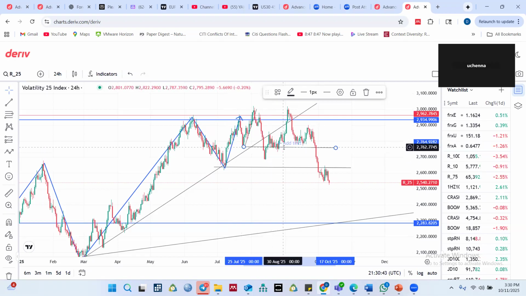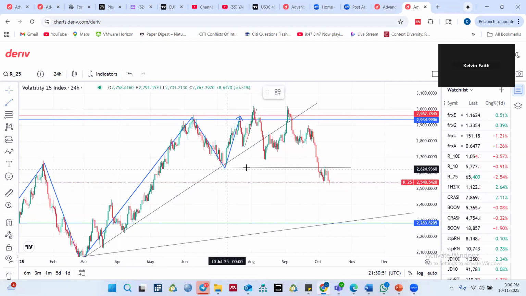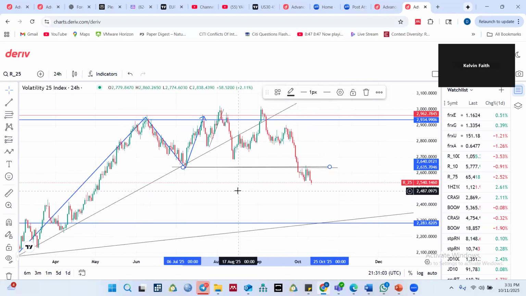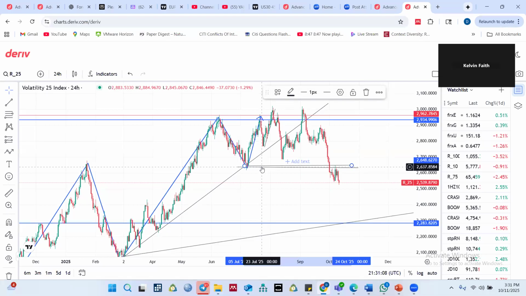So up to this was an internal break of structure. When you took this trade here, your target is here, where the black line is. But you don't expect it to keep holding with the hope that it will break structure. Your target is just here, because one thing can happen.